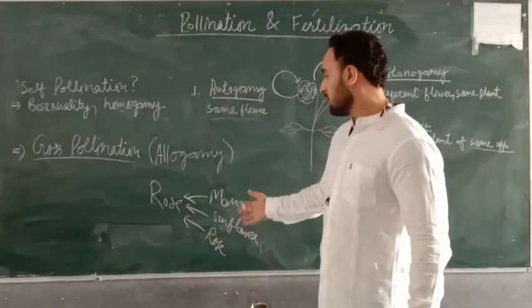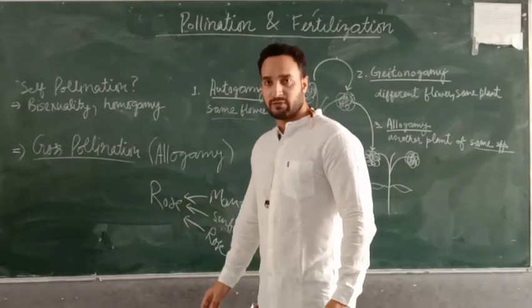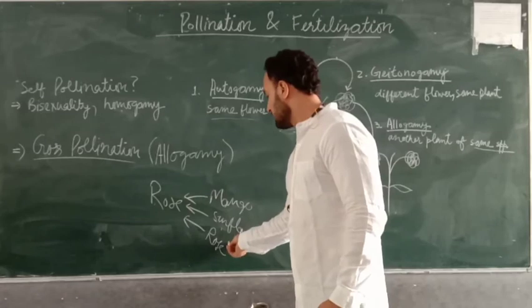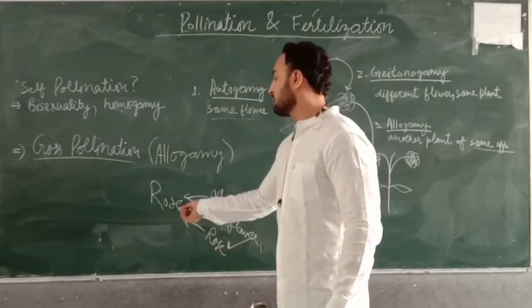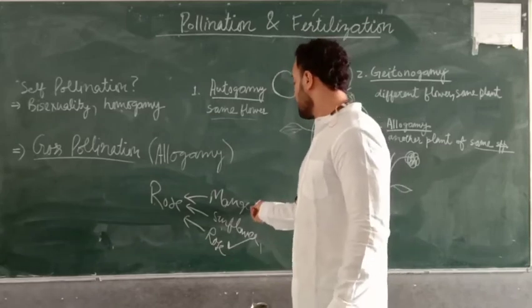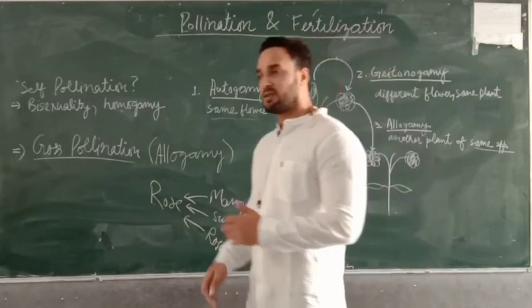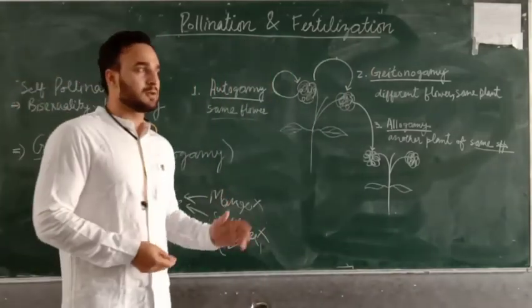The pollen grains of all these kinds will land on the stigma of the rose flower, but only the pollen of the rose flower is going to germinate. The pollen of mango or sunflower will not germinate. This is because of compatibility issues, which we will discuss later.